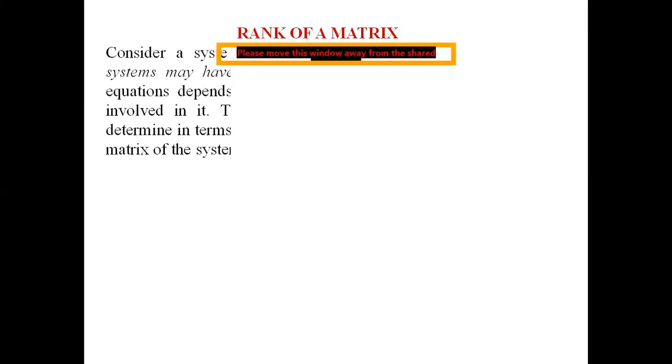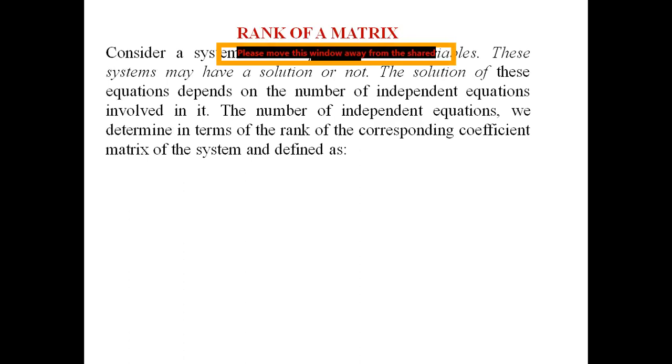So first let us see what is the rank of a matrix. Some matrix may be given. Suppose that it has m rows and n columns. In those m rows and n columns, some rows may be independent, some others may be dependent. Independent means that the row is not obtained by multiplying any other row by a scalar.